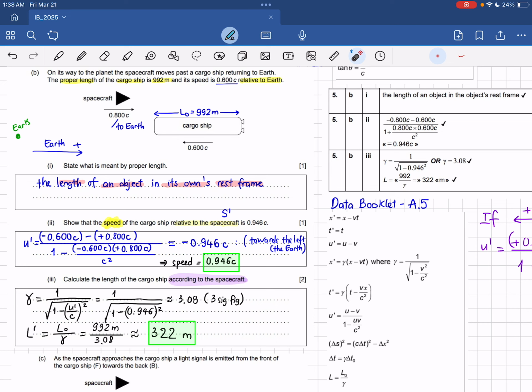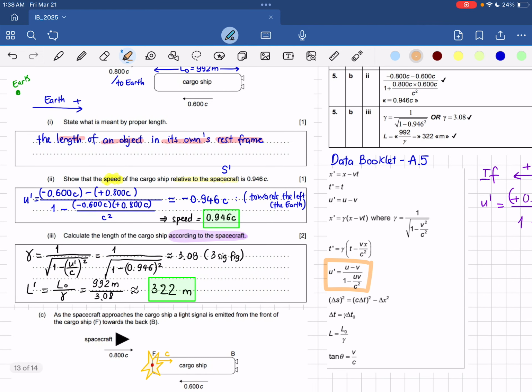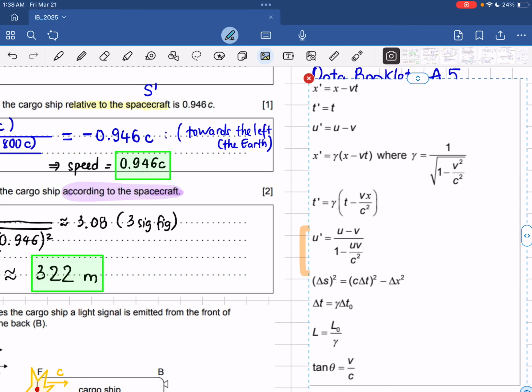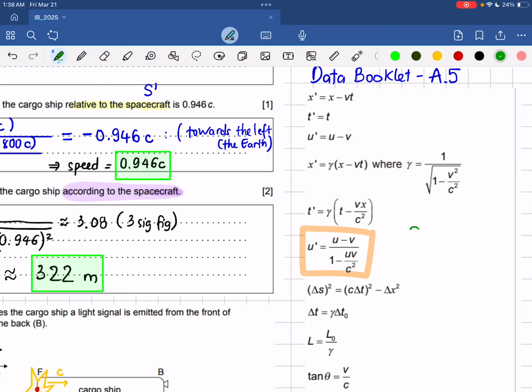So then, I will think of that equation right away. Just look at the data booklet and check all the equations that you can use straightforwardly. So this one, right? What does this one mean? Let's have a look at this one again. Basically, we have an S coordinate system, a reference system, and an S prime system, right?